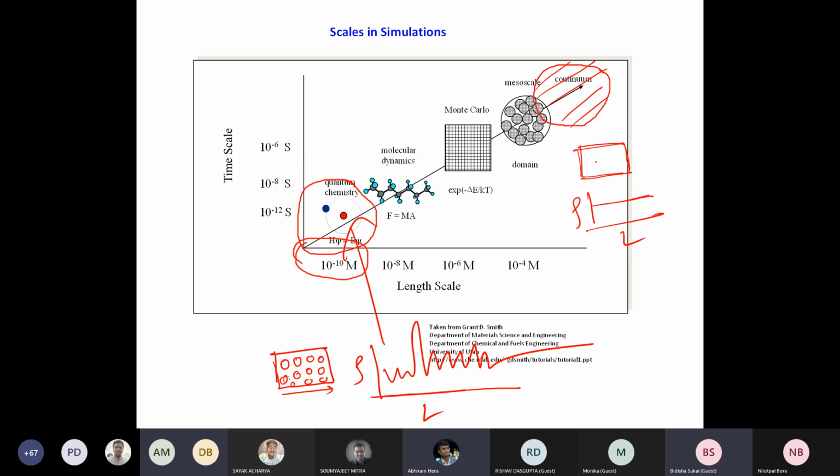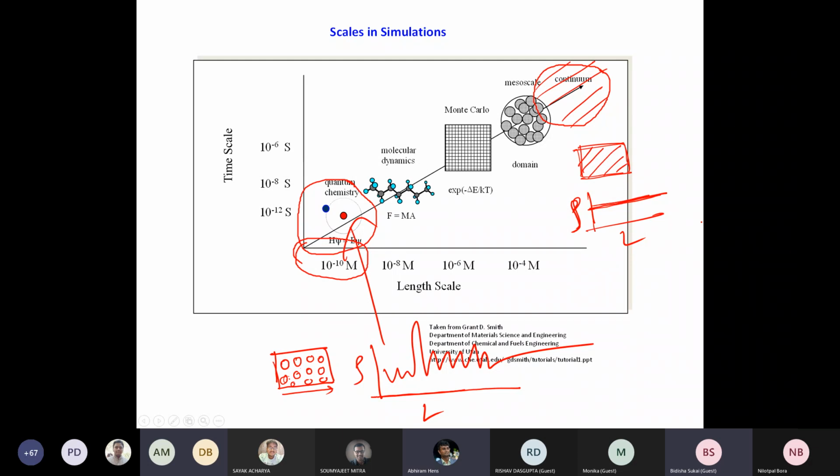That means you choose this control volume in such a way that these atomic fluctuations are negligible. So average density will be remaining constant, so your rho will be remaining constant. Similarly, any other material properties, viscosity, surface tension, all will remain constant along the length. So this is called the continuum assumption.